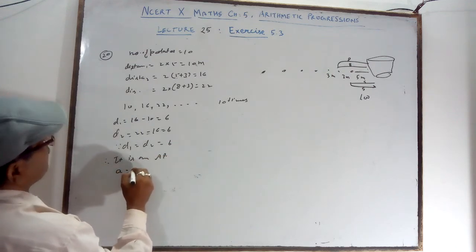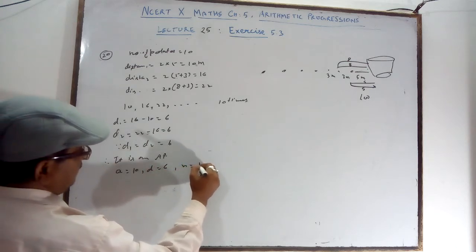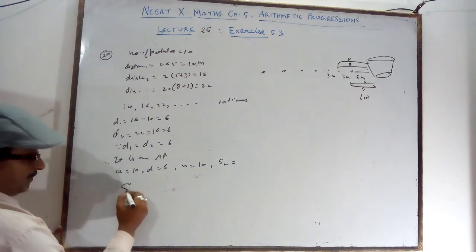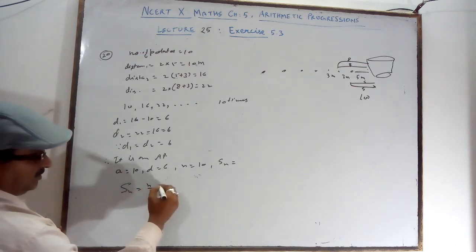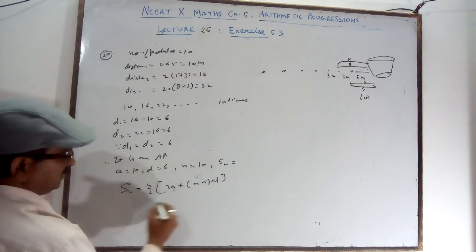So what is a? 10. What is d? 6. What is n? 10. What is Sn? You want to find out. Sn is equal to n by 2 into 2a plus n minus 1 into d.